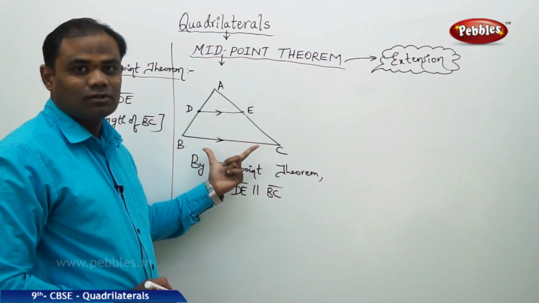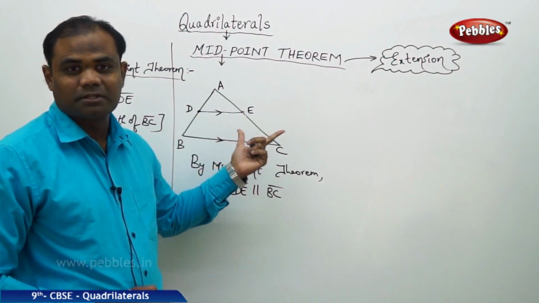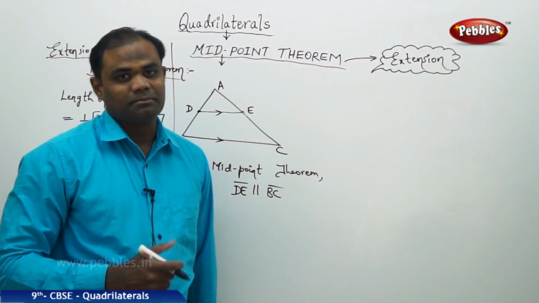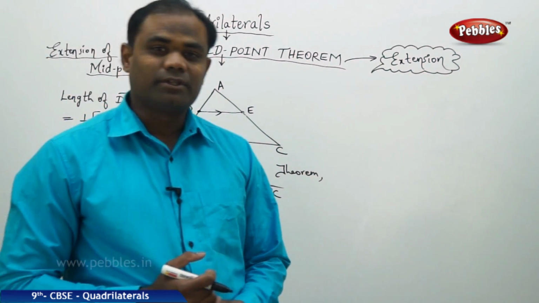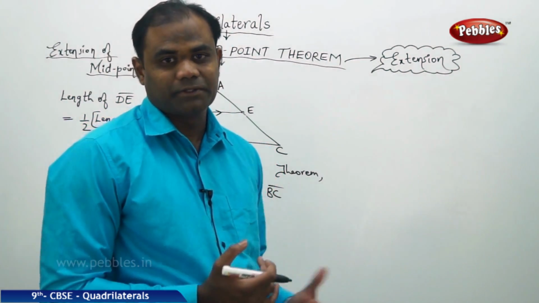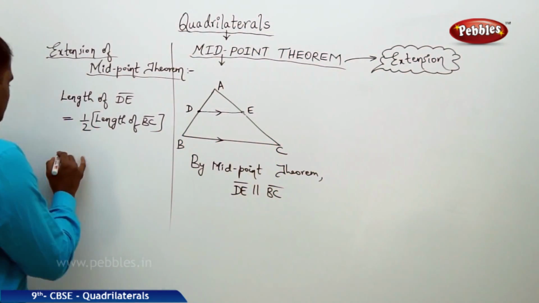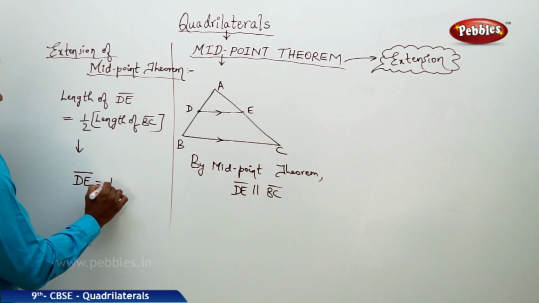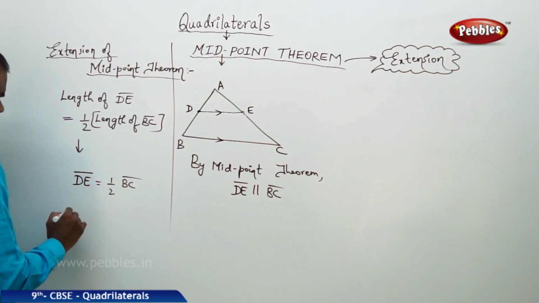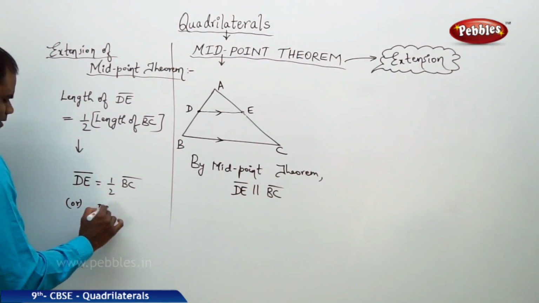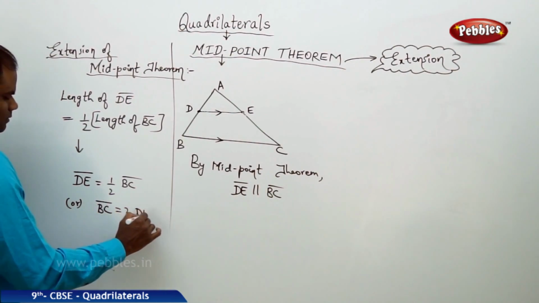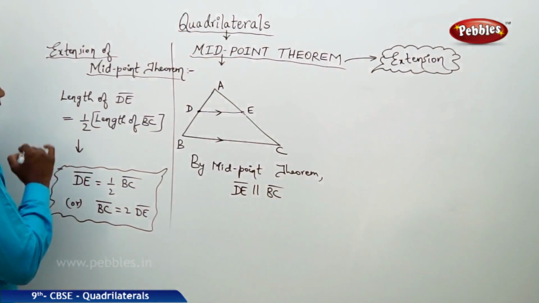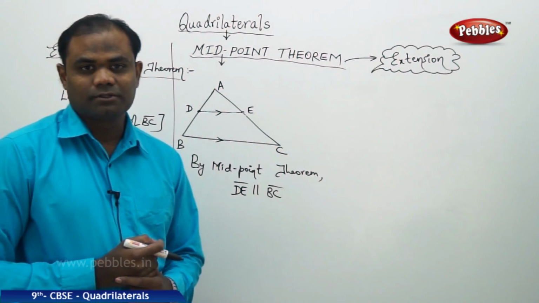If this is 12 centimeters, this must be 6 centimeters. If this is 7 centimeters, this must be 3.5 centimeters. That is how we understand the extension. Here I can write this as DE is half of BC, or BC is twice DE.